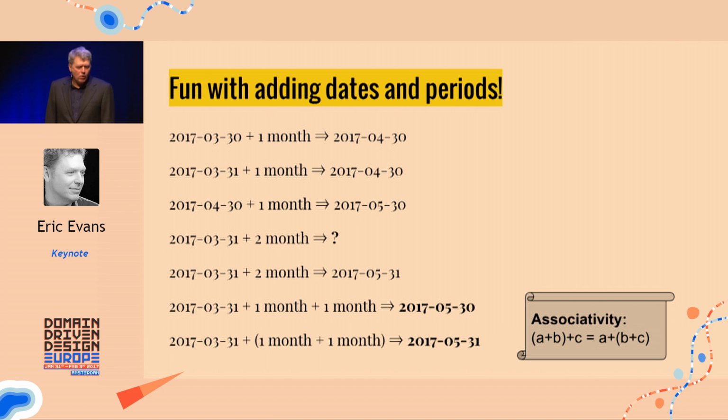So, if you add 1 month plus 1 month without parentheses, you get a different answer than if you put parentheses around the 2 1 months. And things we call plus usually would give the same answer for those two things. Not always.